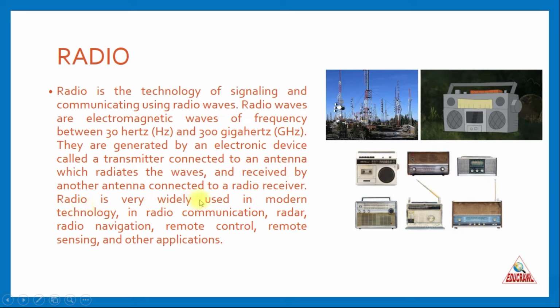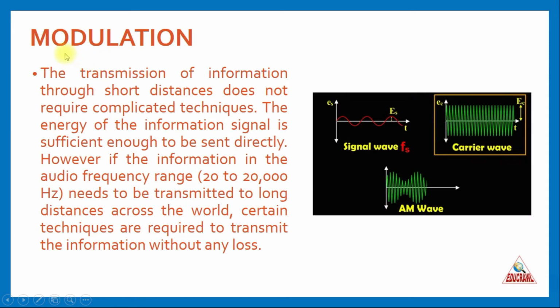Radio is very widely used in modern technology: in radio communication, in radar systems, in radio navigation, in remote control, remote sensing, and other applications. So, till now we have seen the introduction, the history, and the parts of communication.